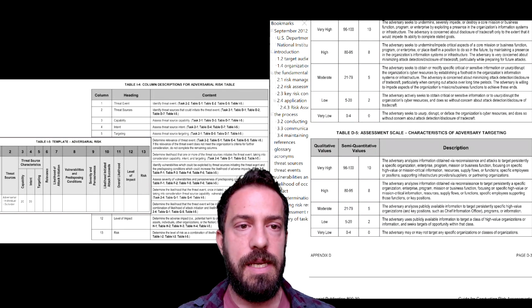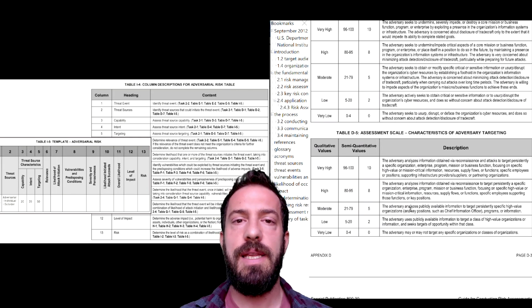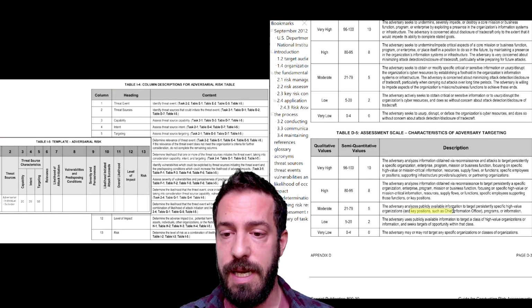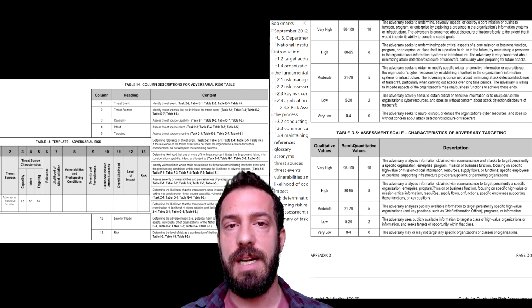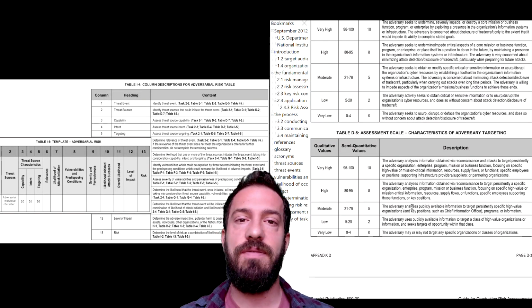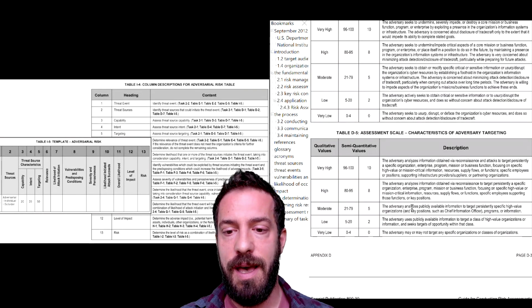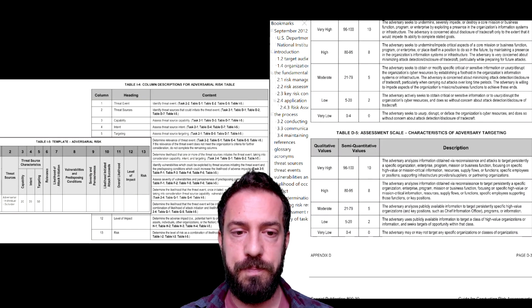Here I would select something in the middle, where the adversary can find public information. This says publicly available information to target a persistently high value organization. So they don't do something very aggressive, actively doing reconnaissance, but just find any public information they can to attack the system. So I would put 50 in the targeting one.